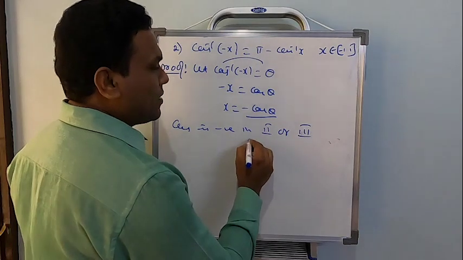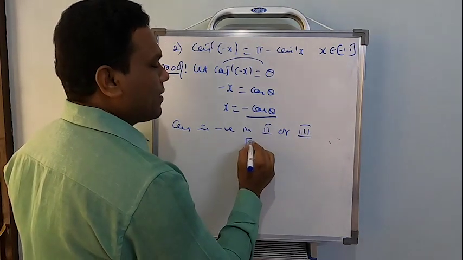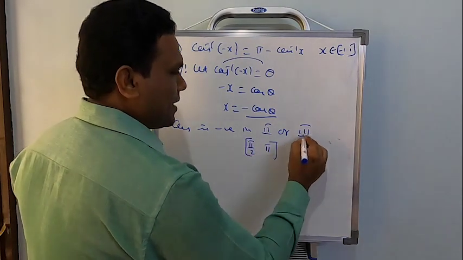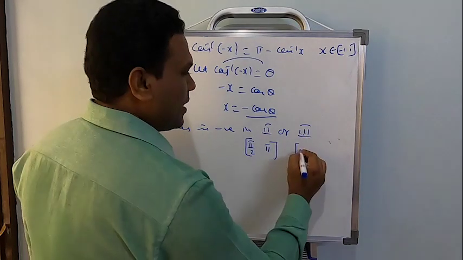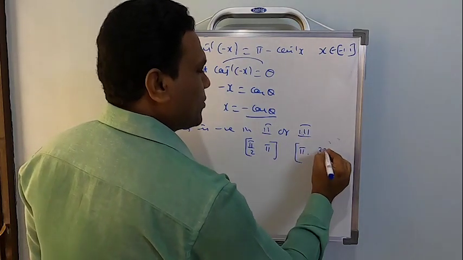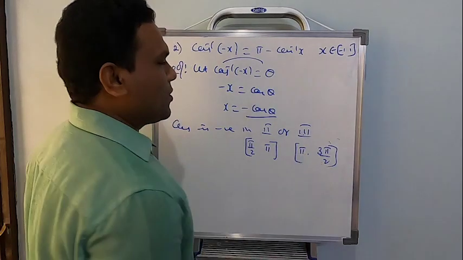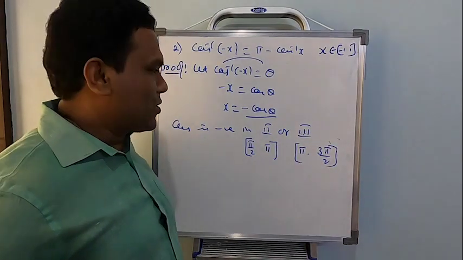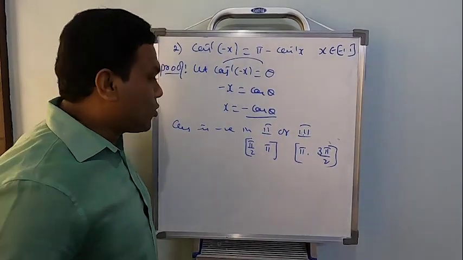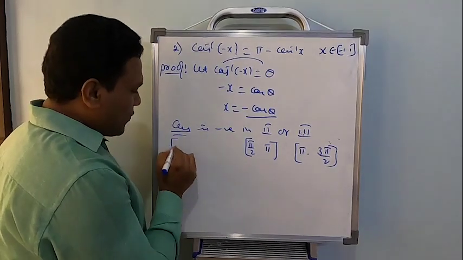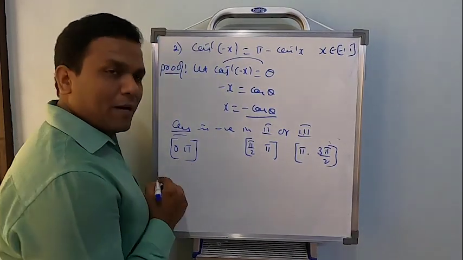In the second quadrant, the values are going to be from pi by 2 to pi. And in the third quadrant, the value is going to be pi to 3 pi by 2. So which one should be considered? That is the question. What is the domain of cos? The domain of cos is from 0 comma pi.